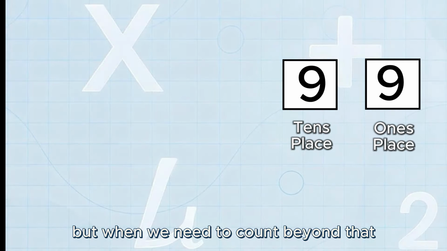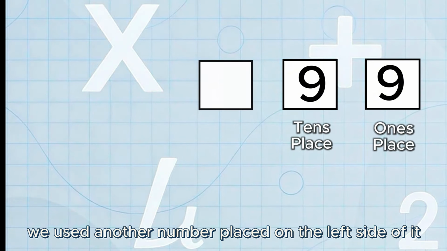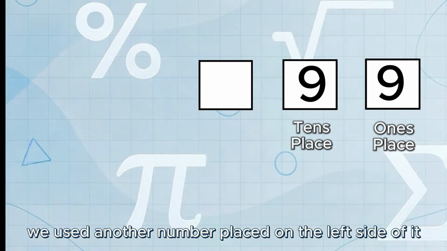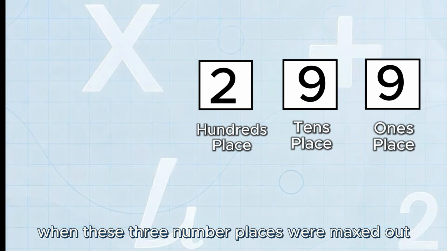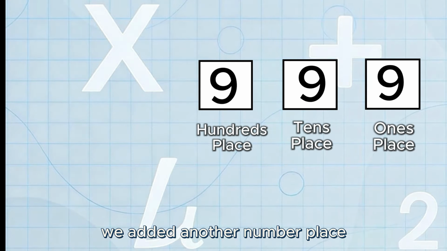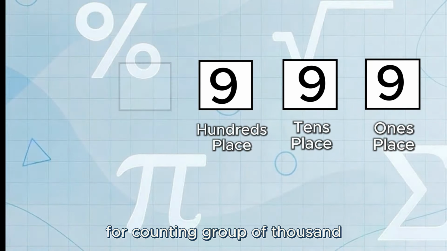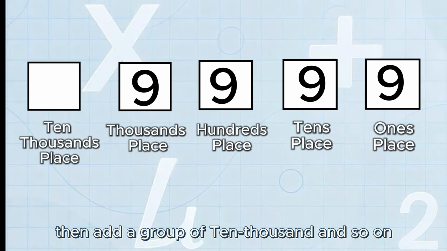But when we need to count beyond that, we used another number place on the left side for counting groups of 100. When these three number places were maxed out, we added another number place for counting groups of 1000. Then we added groups of 10,000 and so on.